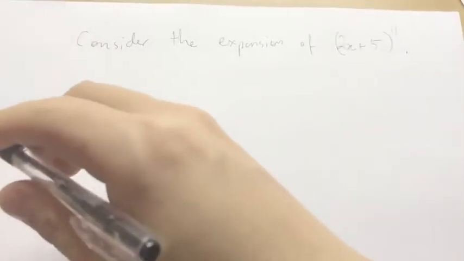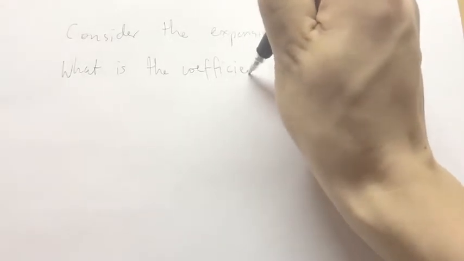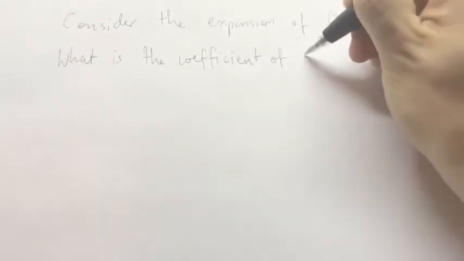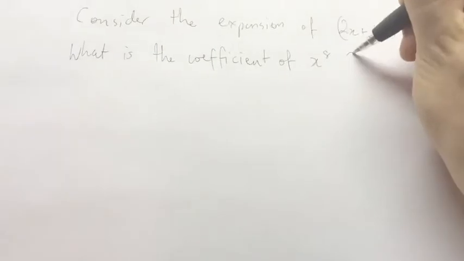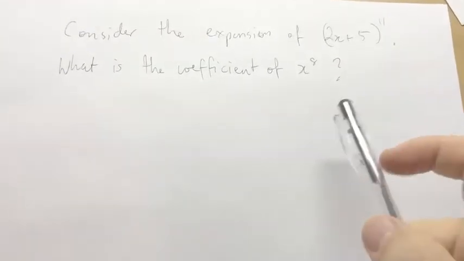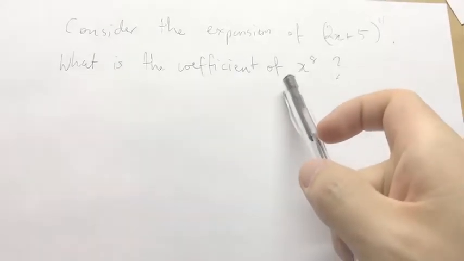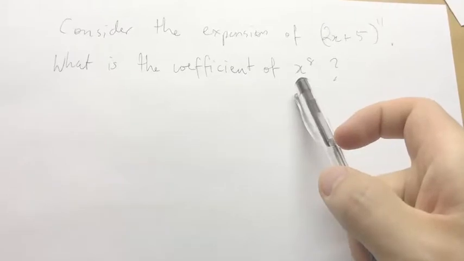And it wants to know what is the coefficient of x to the power of 8. Okay, so the coefficient is the number that's multiplying x to the power of 8.